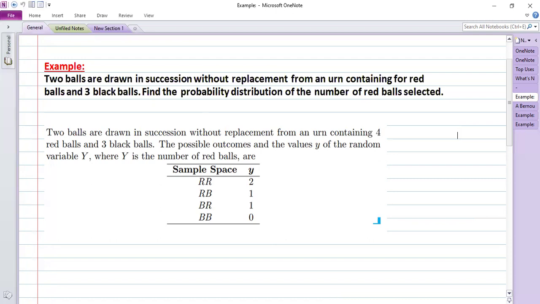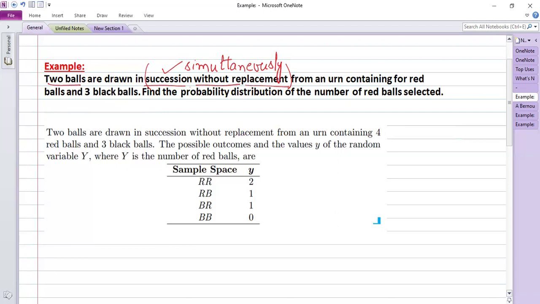Here, two balls are drawn in succession. In succession means one after the other and without replacement. Drawing two balls in succession without replacement and drawing the two balls simultaneously are both the same case.